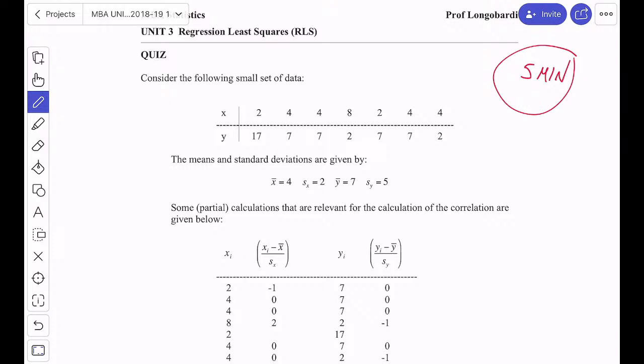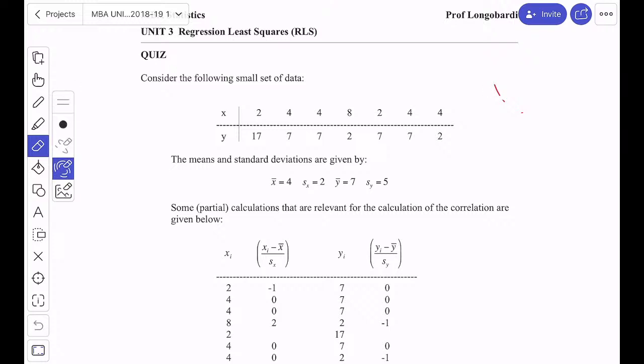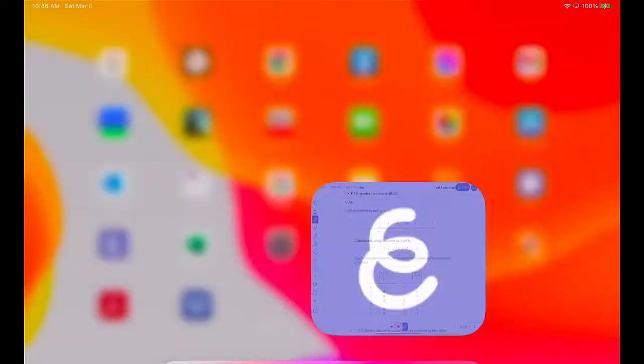I want you to demonstrate a few things that you understand about the calculation of R. So first, I want to get the results from the calculator just as a goal, so we know the right answer, so then we know what we're doing is correct. So let's put these in the calculator.